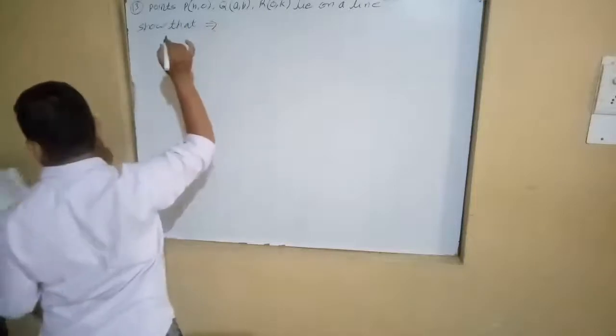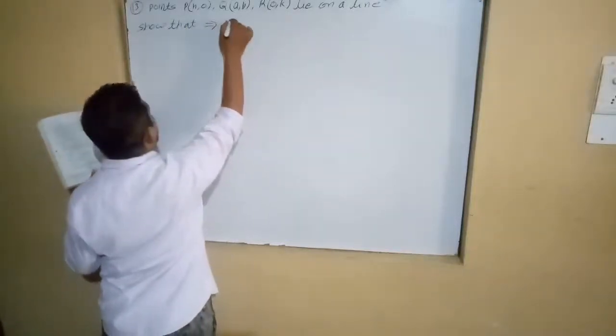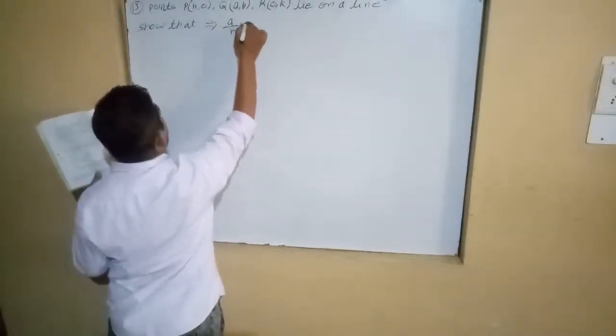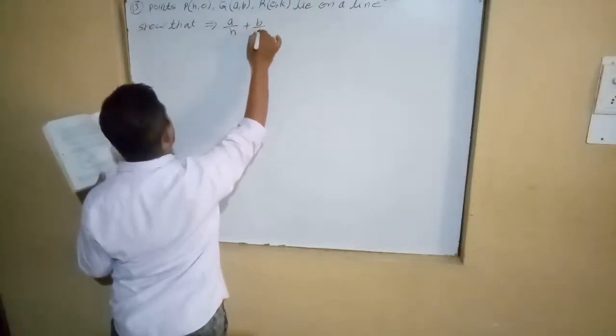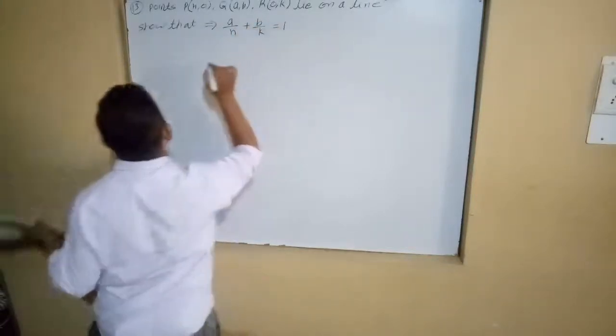We have to show that a upon h plus b upon k is equal to 1.